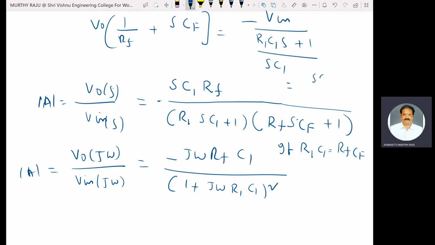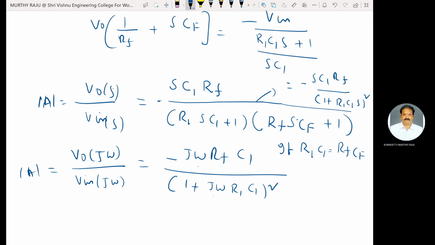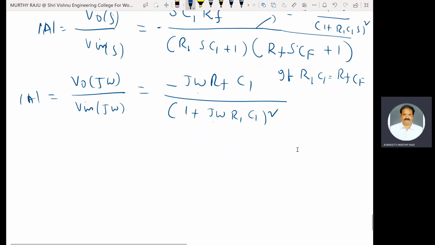This is SC1 RF by 1 plus R1 C1 S whole square. Here S is equal to J omega, minus sign is compulsory: minus J omega RF C1 by 1 plus J omega R1 C1 whole square. Simplify this equation.